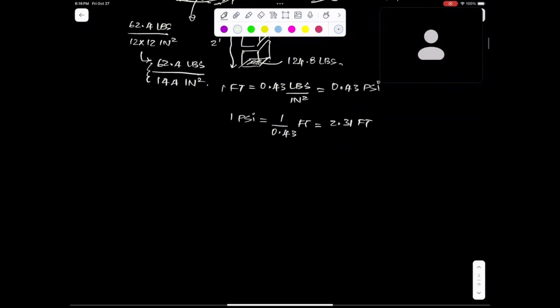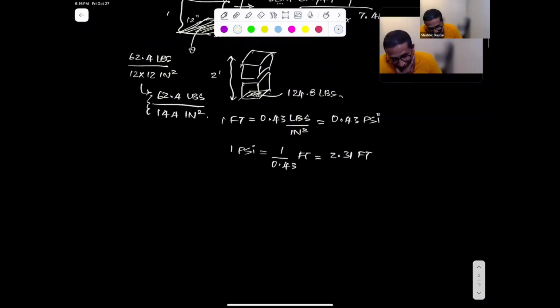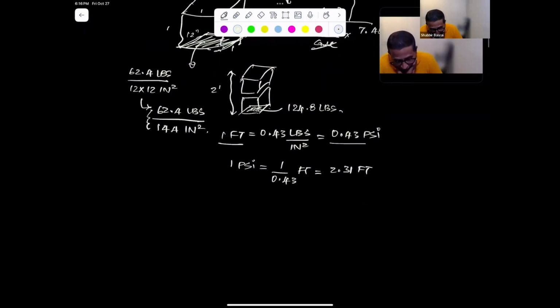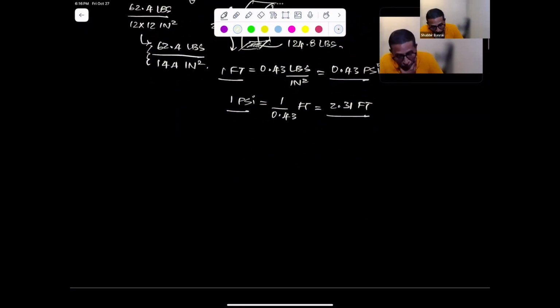So this is the concept of force, and the basis for 1 foot is 0.43 psi, or 1 psi is 2.31 feet. Now let's talk in the concept of head. Okay, so what is head? Head is the pressure. Head is nothing but the pressure that is exerted by a certain height of a column of water, right?